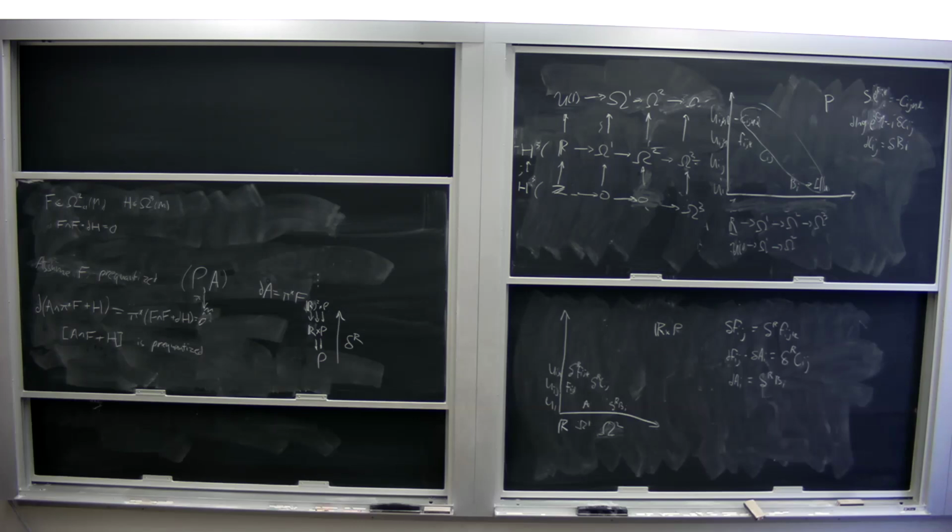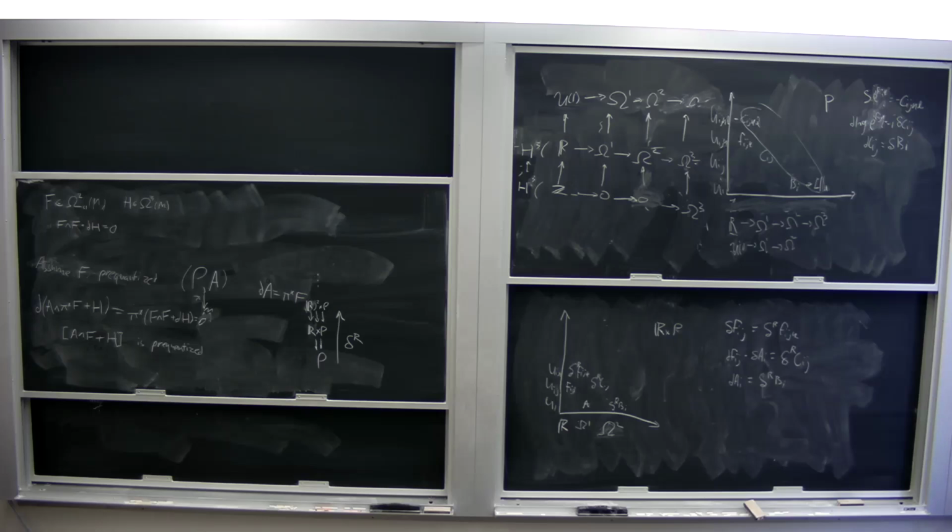And finally, we want this thing to be closed in the delta_R direction, so that all of this structure gives an actual primitive for that. So we need delta_R of lambda_i is equal to 0.